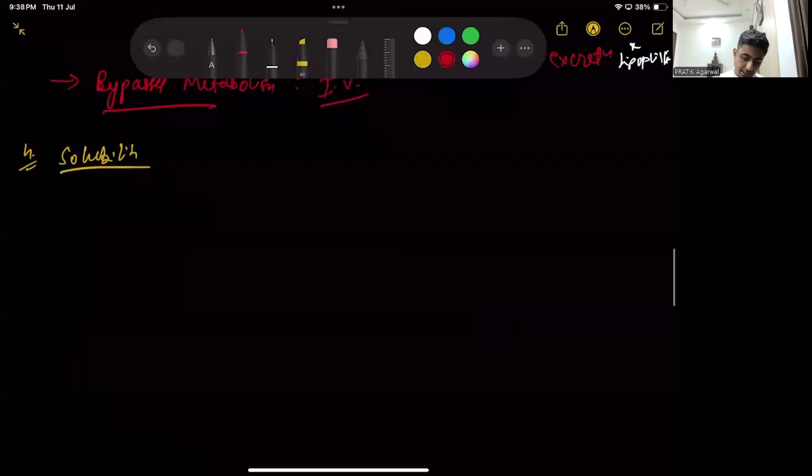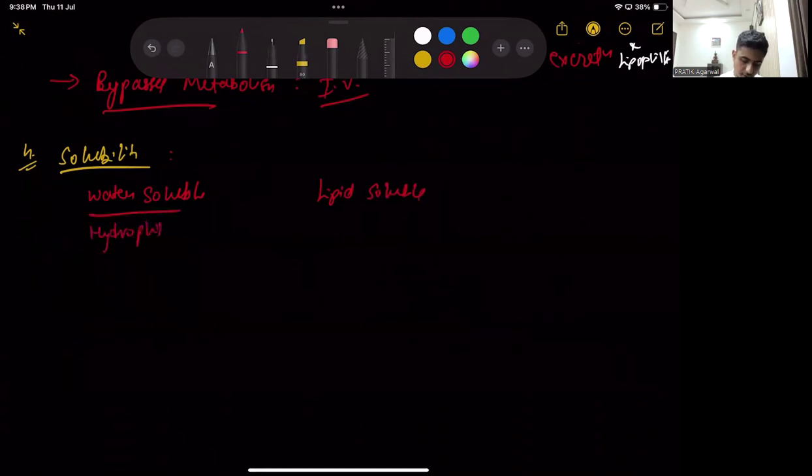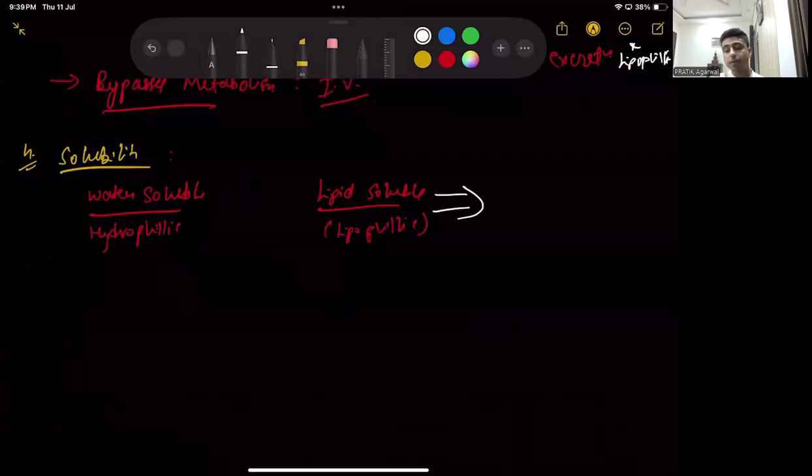A drug is either water soluble or lipid soluble, which we can say is either hydrophilic or lipophilic. Let's talk about lipid soluble or lipophilic drugs. When a drug is lipophilic, it is able to get transferred into the cells and tissues very easily.